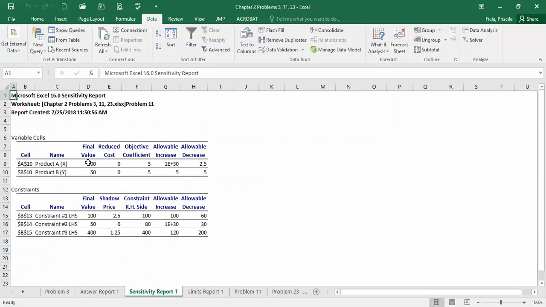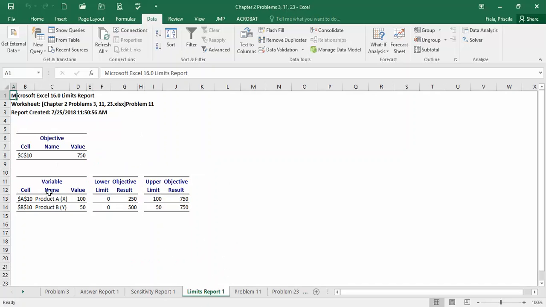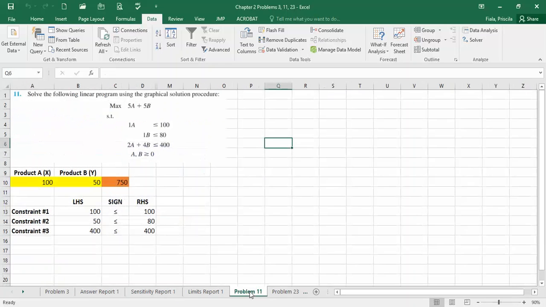And right here, same thing. We need 100 product A, 50 of product B to get 750. And then you can see the constraints that I haven't put in for us. And again, 100 product A, 50 product B to get 750, which we're going to be addressing later on, not right now. So let me move problem B over here.